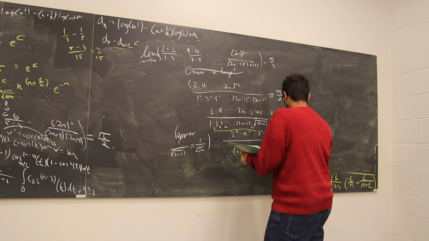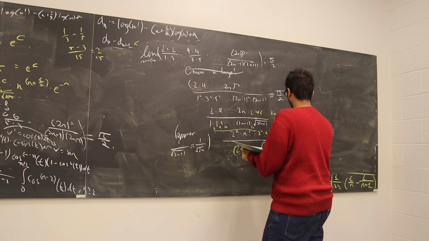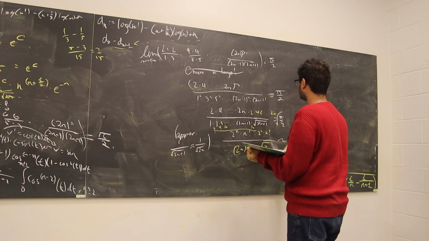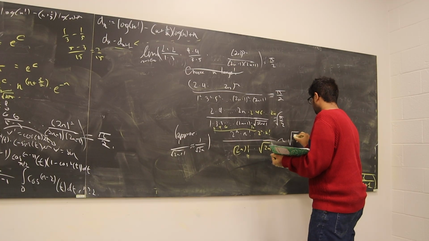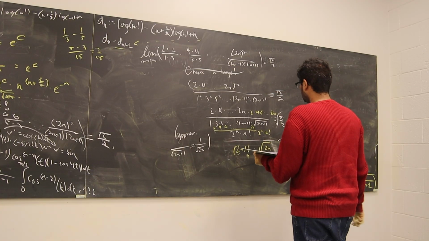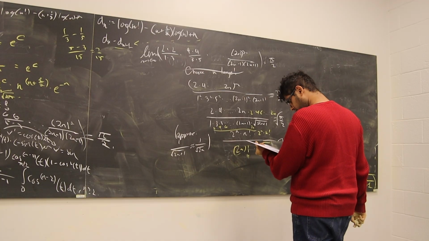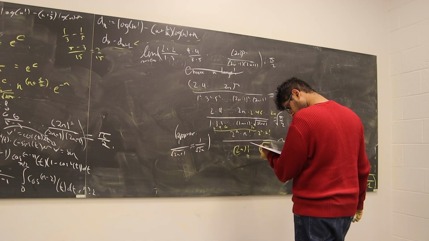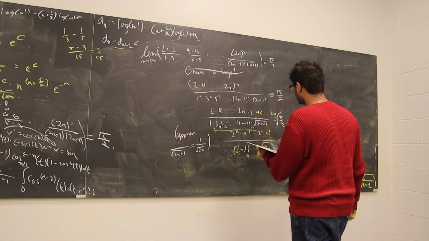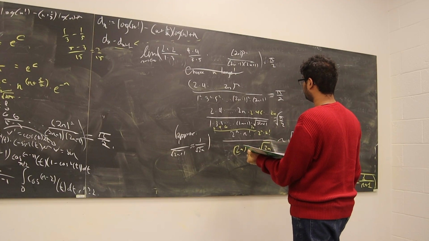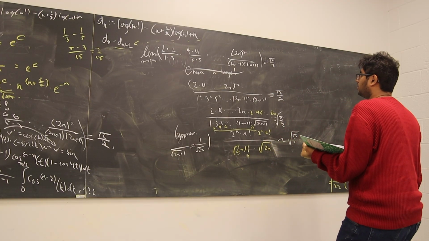This is approximately the square root of pi over 2, before I took the square root here. And by the way, this is where we use our definition of n factorial.